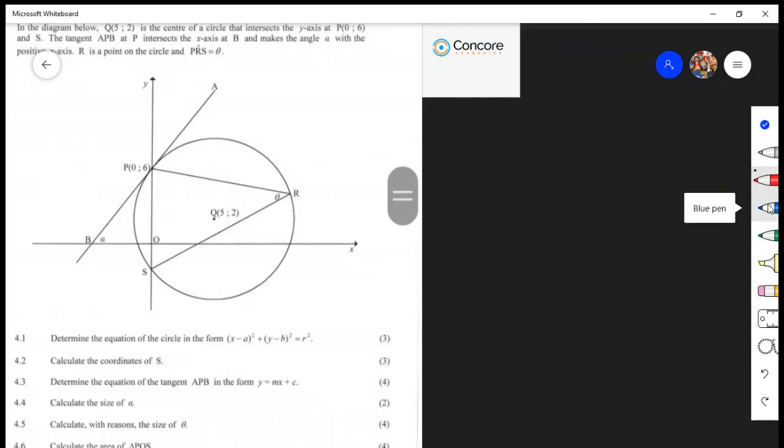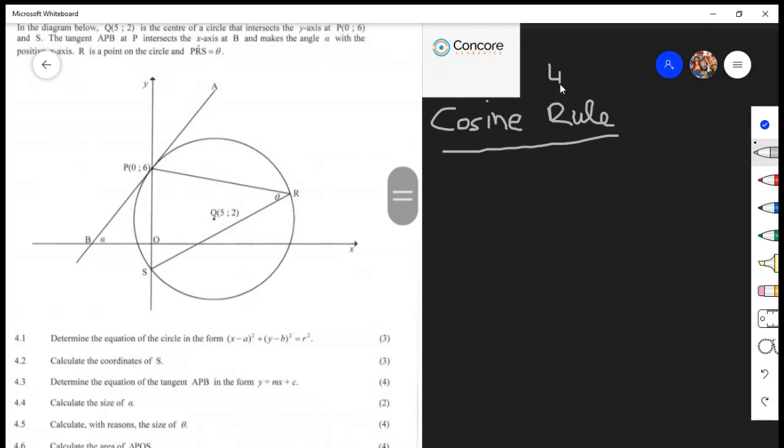So we can use that, yeah? I prefer that one. Okay, so using the cosine rule, it's question 4.5.